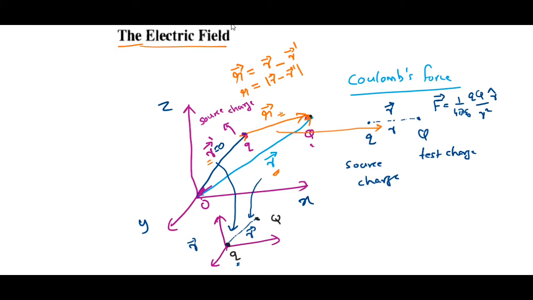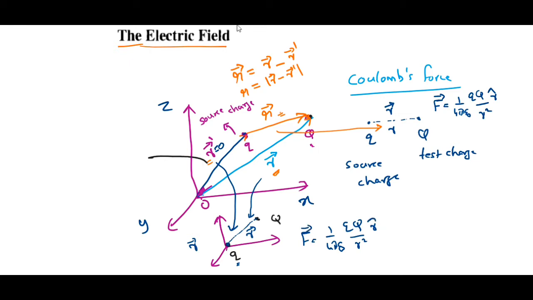That is why, if we place this source charge at the origin, here the force can be written as F is equal to 1 by 4 pi epsilon 0 Q divided by R square, R cap.